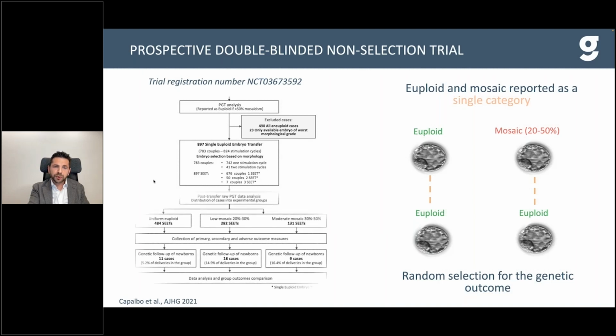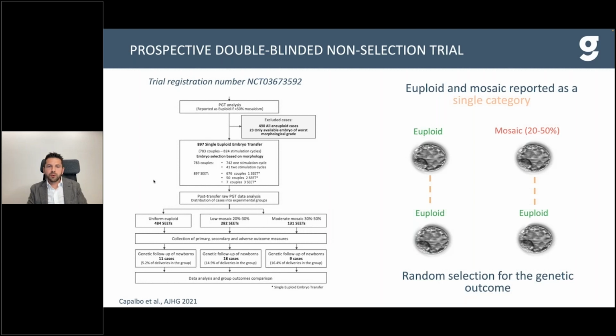After the embryo transfer occurred, we unblinded the results and generated two main study arms: the uniform euploid embryos, and the mosaic embryos that we further stratified into low mosaic, between 20 to 30%, and moderate mosaic, between 30 to 50% of intermediate copy number variation.